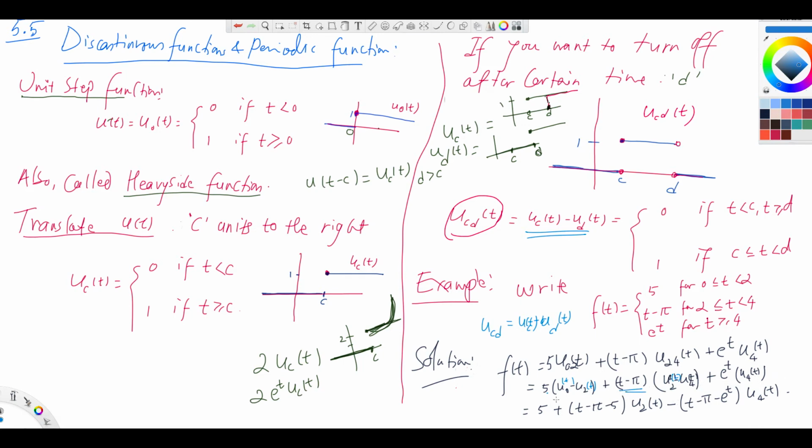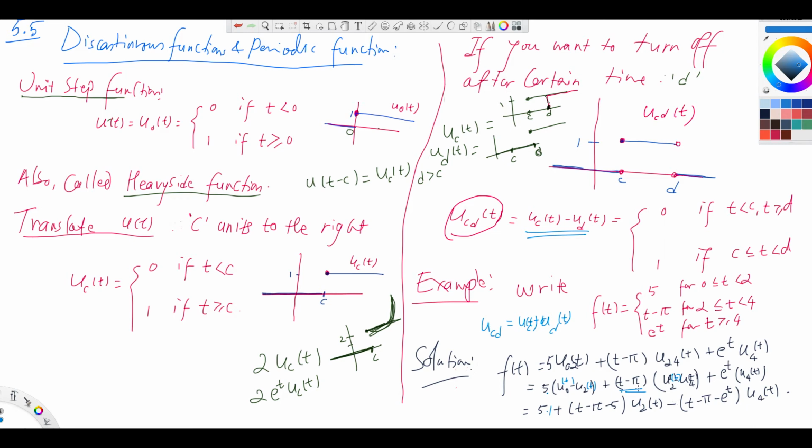Now you try to group. For u0t, there is only one u0t, and u0t is basically 1 for all t greater than or equal to 0, and our t is greater than or equal to 0. That's why I just write 5 times 1. Now, how many u2t are here? One is 5 times negative u2t.